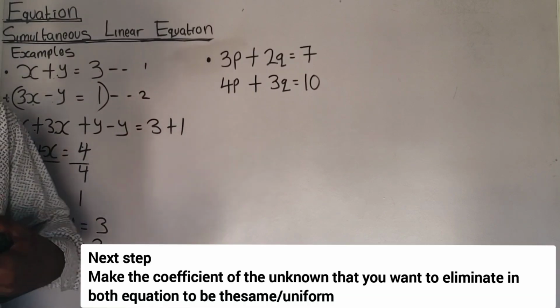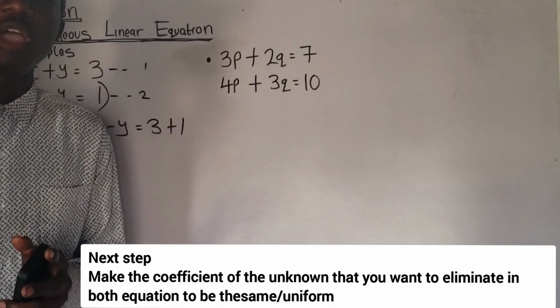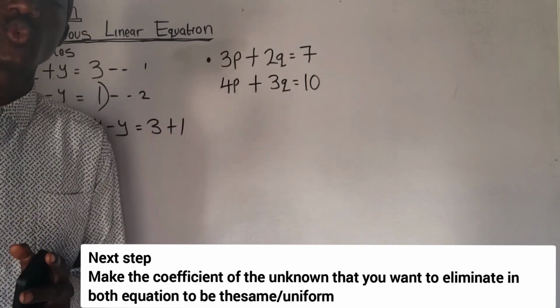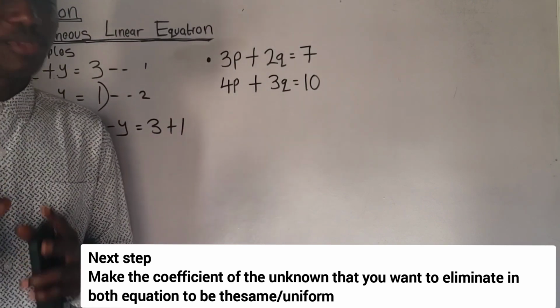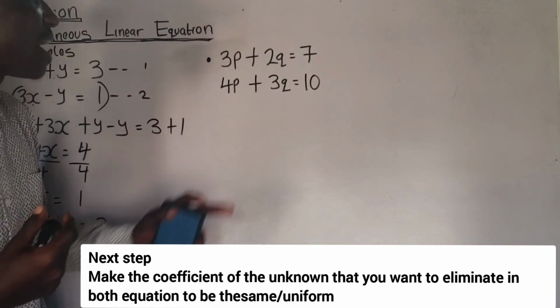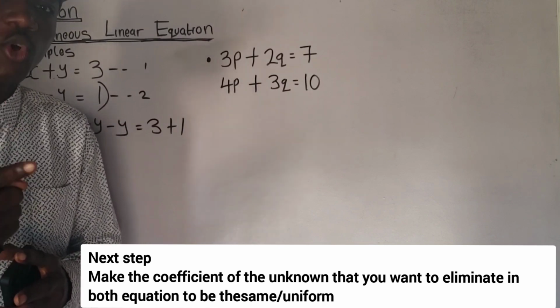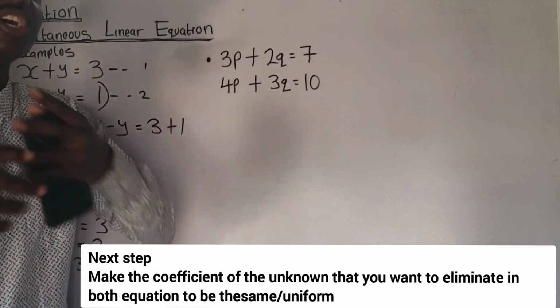Now, having known the unknown that you want to eliminate, the next step is that you have to make the coefficient of both unknowns to be the same. Please pay attention. In this case I'm eliminating q, so you have to make the coefficient of q in both equations the same.